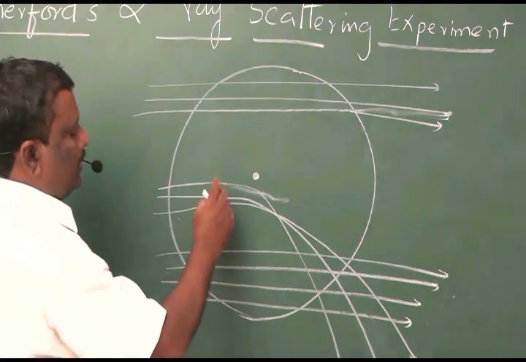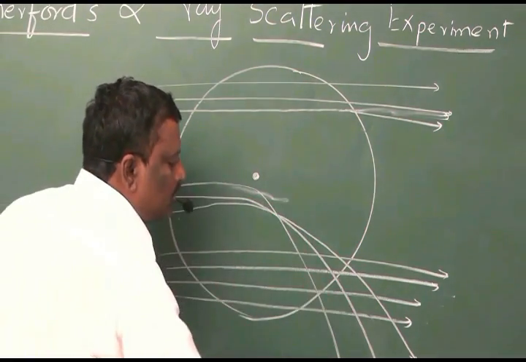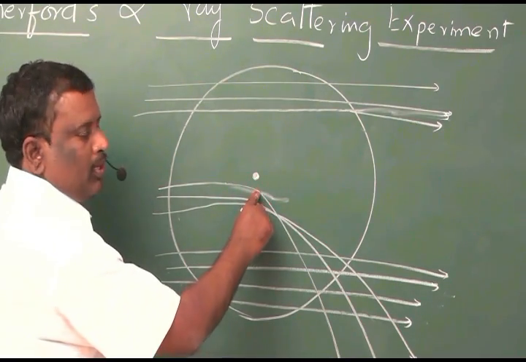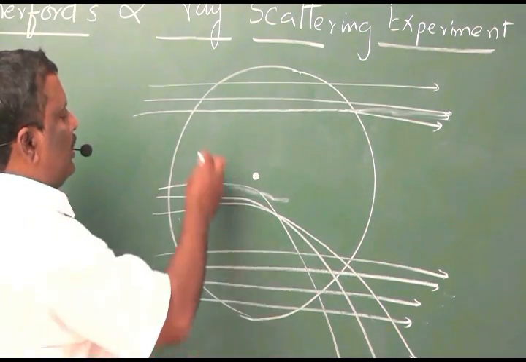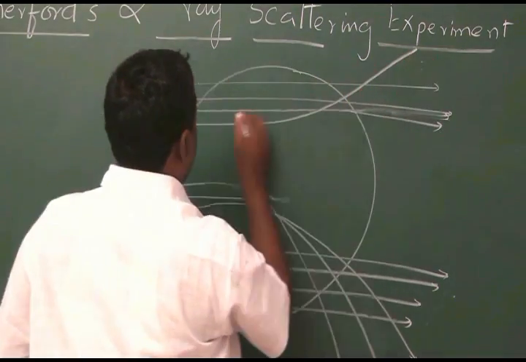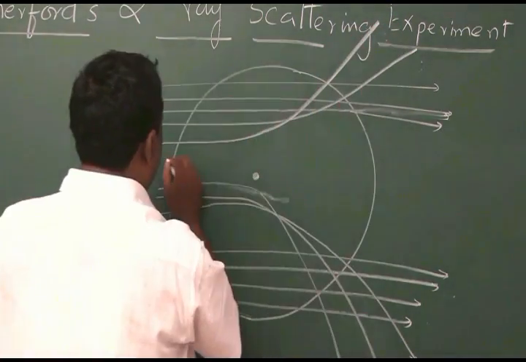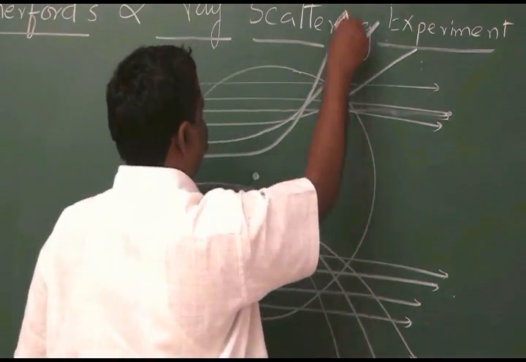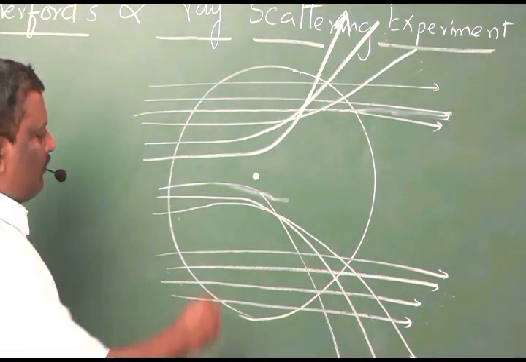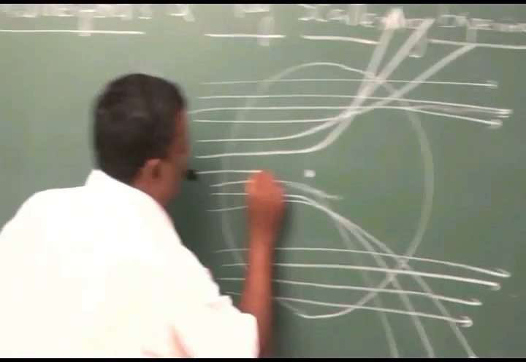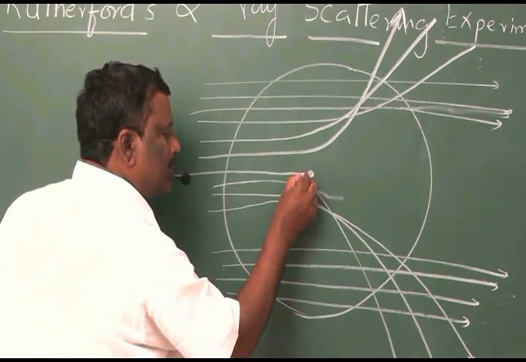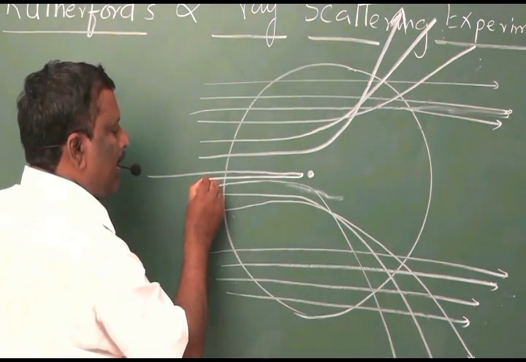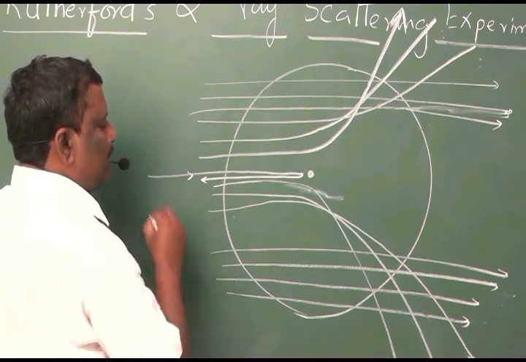That means if it comes closer to the nucleus, there will be more repulsion and more reflection. That's why some alpha particles are reflected at different angles. Those alpha particles which are directly bombarded at the center of the nucleus will have maximum repulsion and get back on their own path.